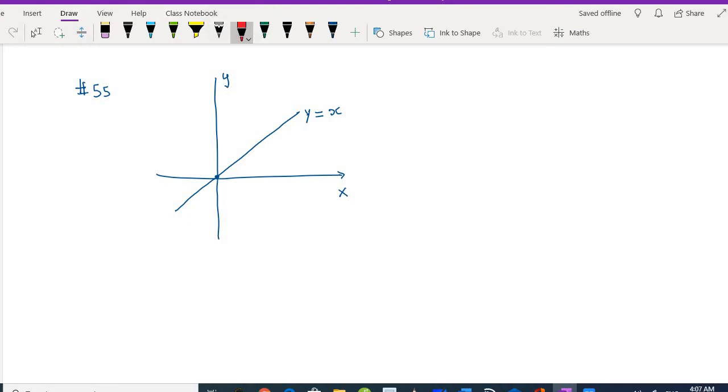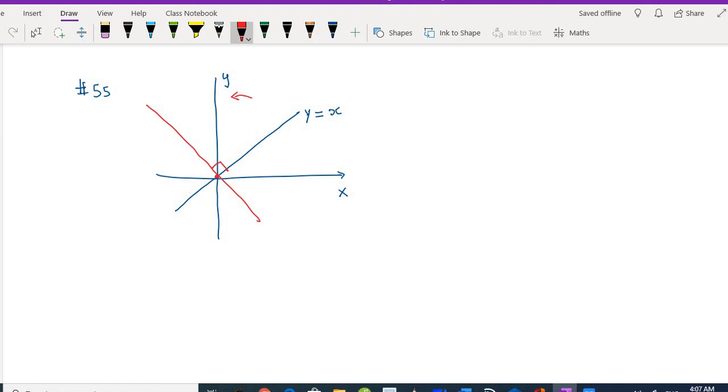When the line is rotated anti-clockwise, which is in this direction, the new line will cut this line at 90 degrees, approximately like that. Right, so that too will pass through the origin, and this angle is 90. So they basically want us to find the image, which is the equation for this line.